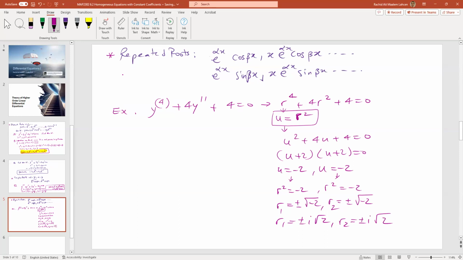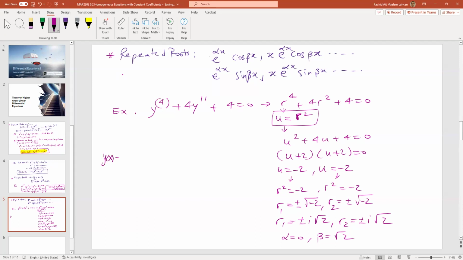So that tells us that we have complex roots, and alpha is 0 and beta is square root of 2, which will make the exponential part vanish in the solution. And we just set them up.